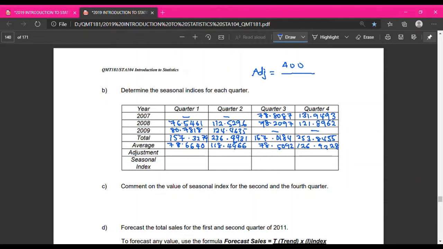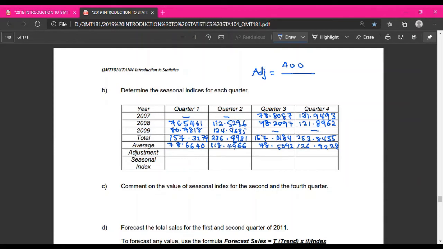Okay, so 78.6640 plus 118.4966 plus 78.5092 plus 126.9228.